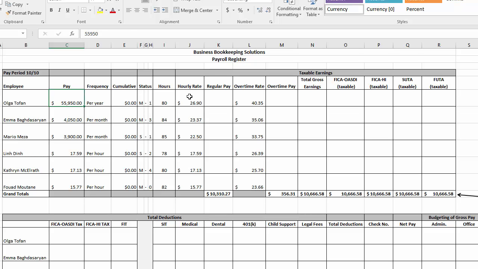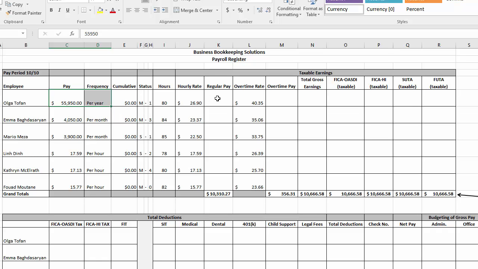Remember, for these three salaried people, we've only calculated the hourly rate to calculate our overtime rate. So to calculate the regular pay for these three salaried people, we have to take their annual rate and figure out what it is per pay period.